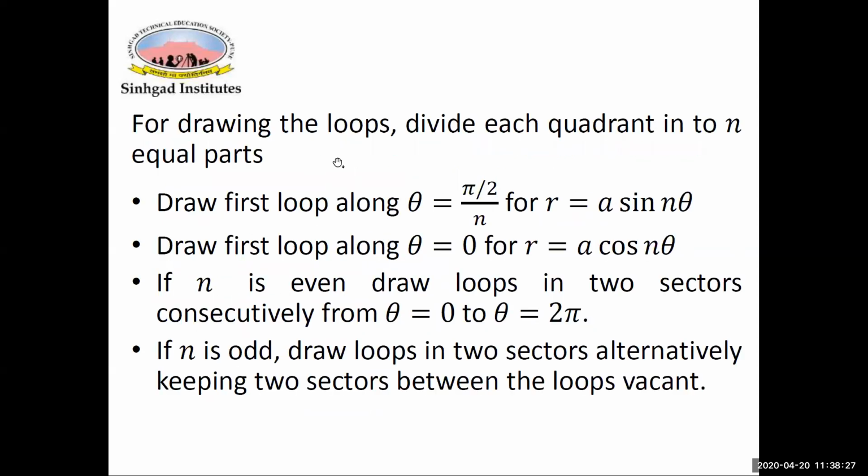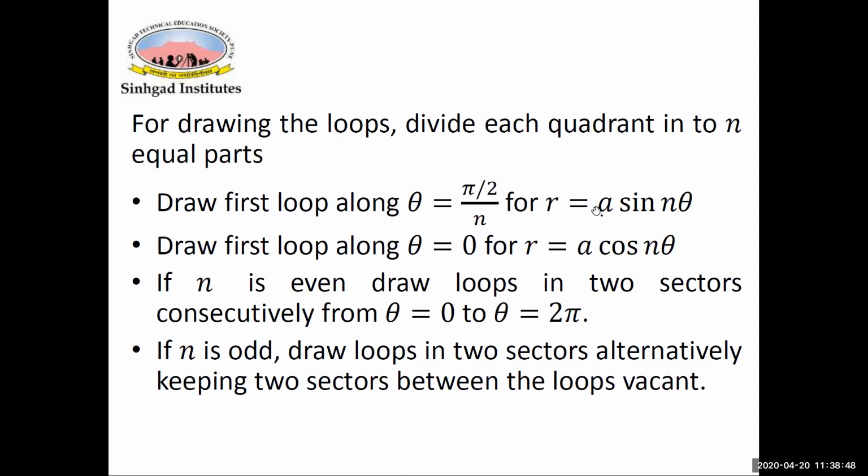How to draw those loops? You have to divide each quadrant into n equal parts. For the curve r equal to a sin n theta, your first loop will be along the line theta equal to pi divided by 2n.